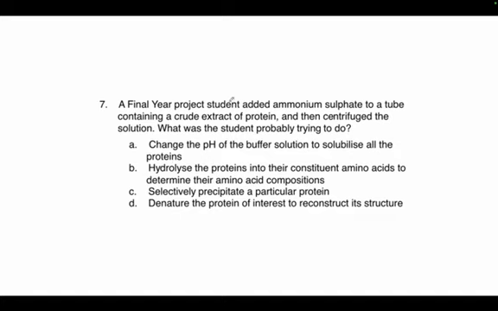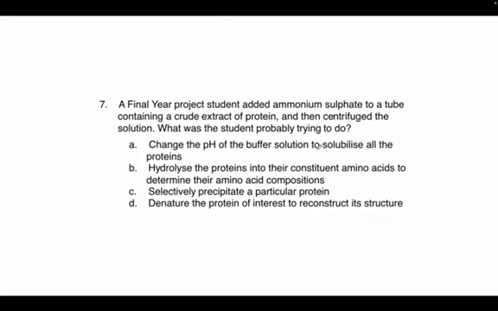Finally, a project student added ammonium sulfate to a tube containing crude extract of a protein, then centrifuged the solution. What is the student probably trying to do? Like we just discussed, when we see ammonium sulfate in a protein purification protocol, it is going to act to precipitate our protein. Right?